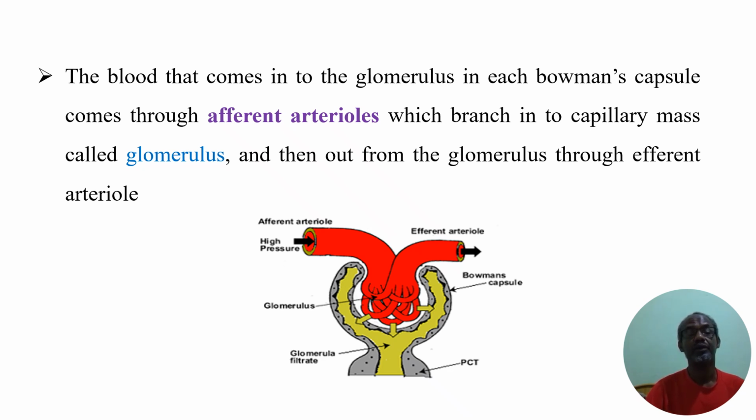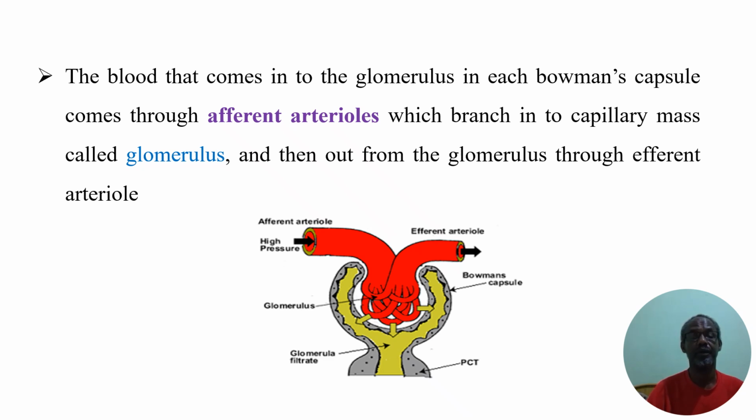Then the blood leaves the glomerulus through the efferent arteriole, which has a smaller diameter. See how this differs from the network of blood vessels in most other parts of the circulatory system, where arterioles give rise to capillaries, and then capillaries merge together to produce the smallest veins, venules. Here, this capillary network is found between two arterioles, still within the arterial system.